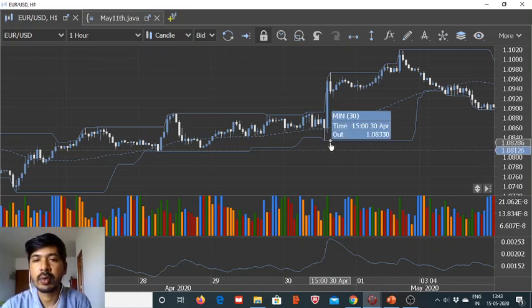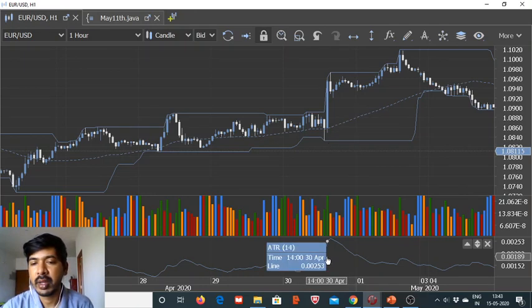as we will be looking at the value for which the order would be placed, just a little above these 1.083, and that will be half of the ATR.